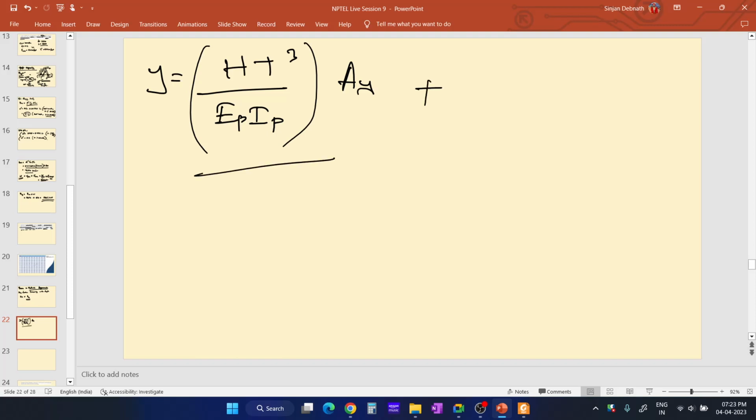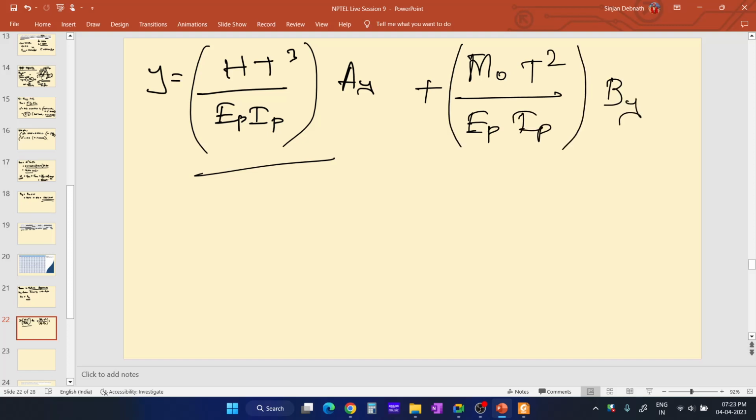If a moment is acting, we add M0 T square divided by EpIp times BY. Since there is no moment in this question, M0 is equal to 0, so we consider only this part.